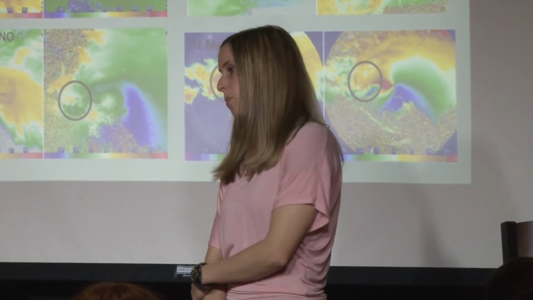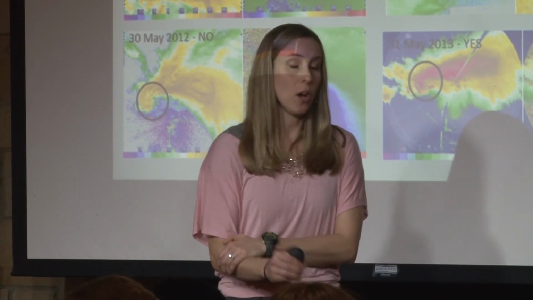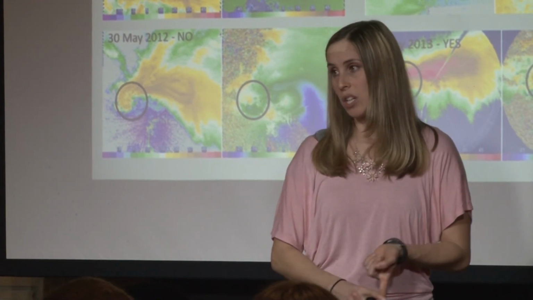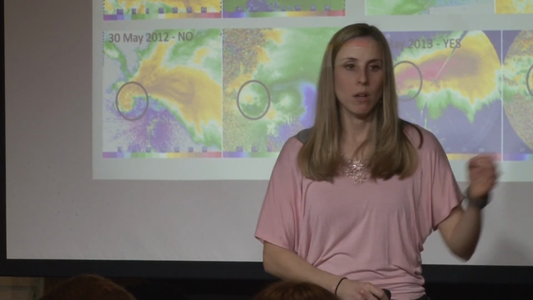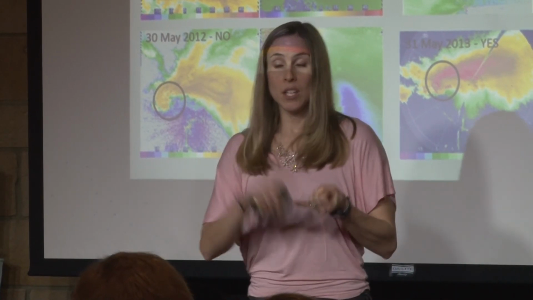That's a great question. So the question was, what is the difference between the F scale and the EF scale tornado scale? Historically, the F scale was proposed by Ted Fujita to be a damage indicated estimate of wind speed. So you would look at specifically a well-constructed home that a tornado impacted, and you would determine, is the roof off?